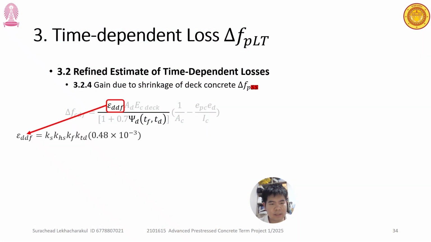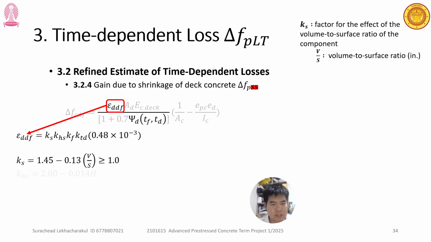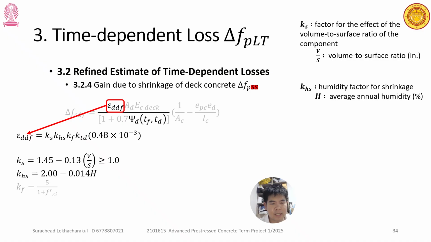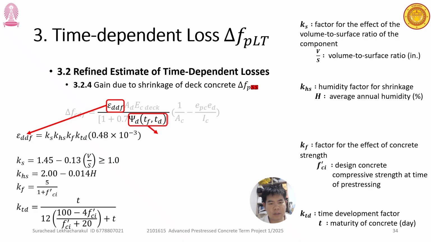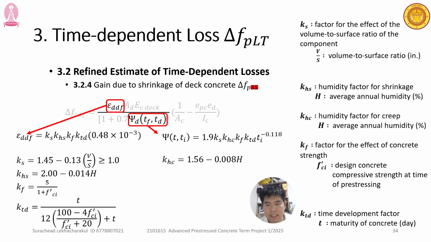Two of these depend on KS, KHS, KF, KTD that I mentioned before, and capital psi is different. Only KHC is the humidity factor for creep.